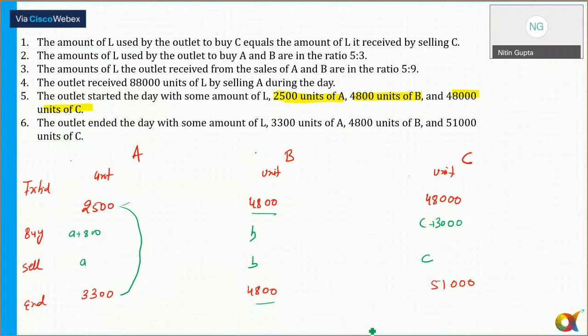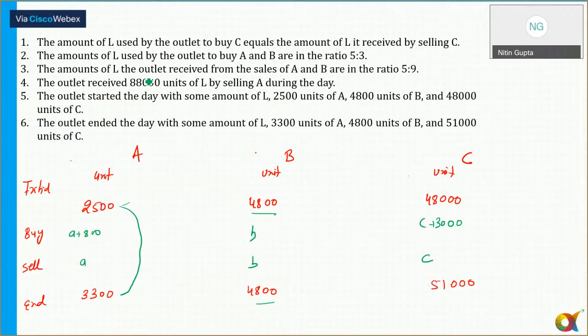Now next, if you look at statement number 4, what does it say here?